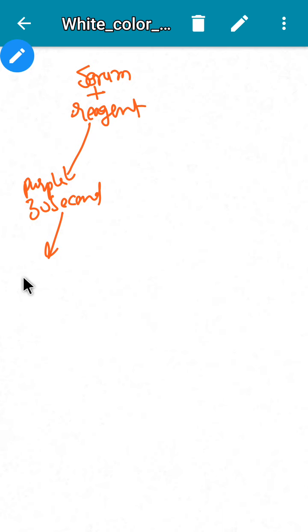Then that is due to conjugated bilirubin. In the second case, we didn't get purple color even within 30 seconds, so we added methanol.